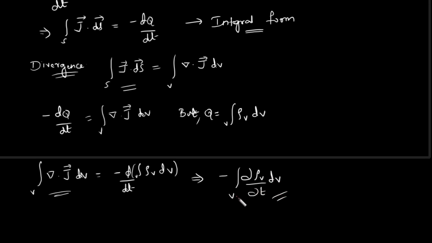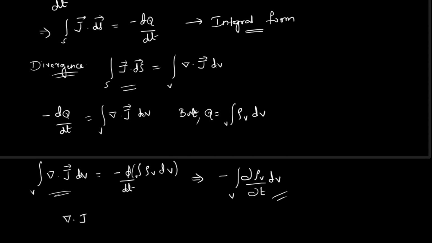To make it simple, let me consider that I am going to evaluate this for a common volume. That is obvious, right? So I have to calculate the divergence of J for a volume and calculate the variation of rho v with respect to time for the same volume. So I will ignore the integral and just consider the integrands now, because this is the same as this, right?